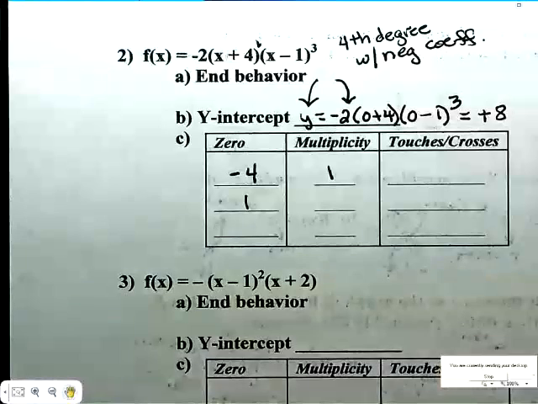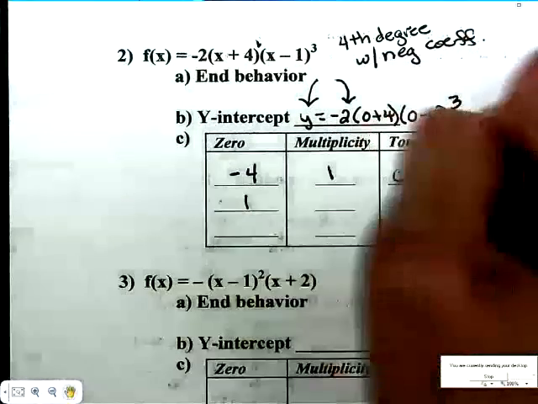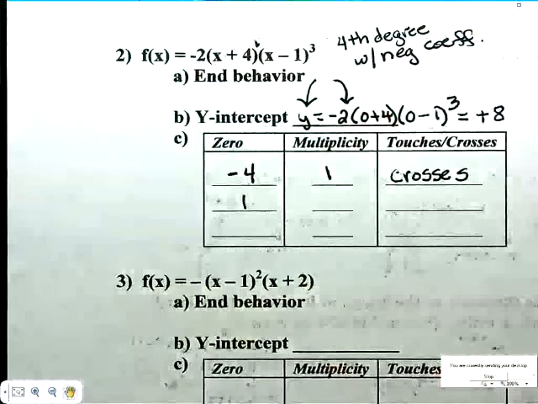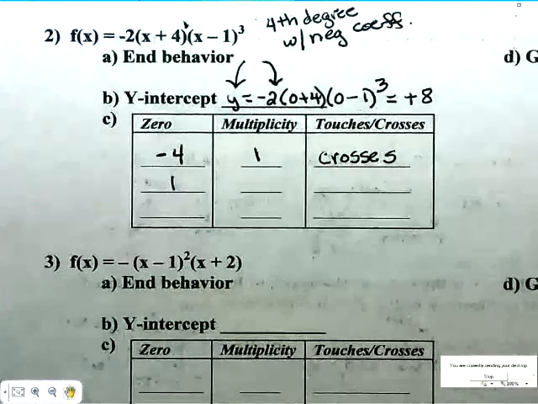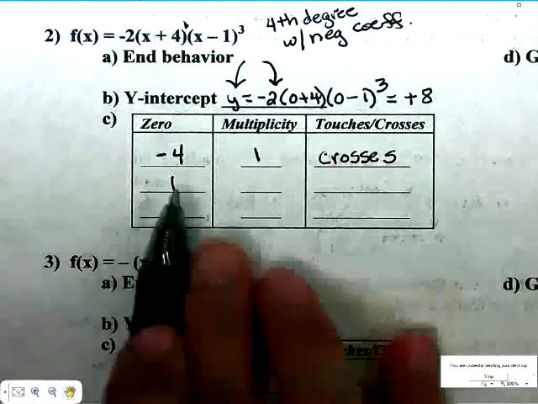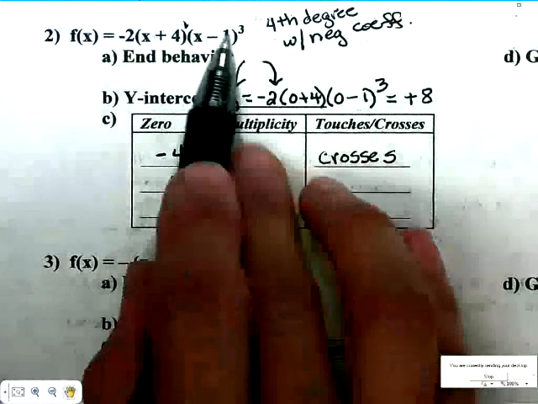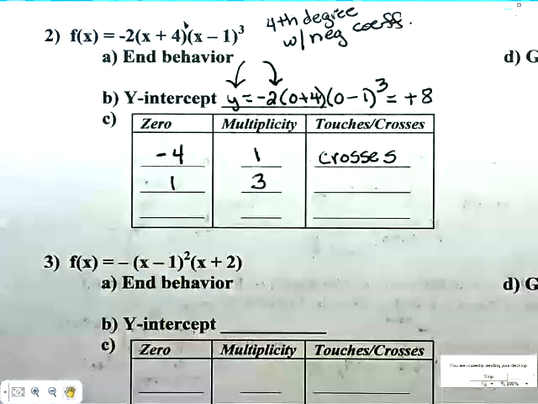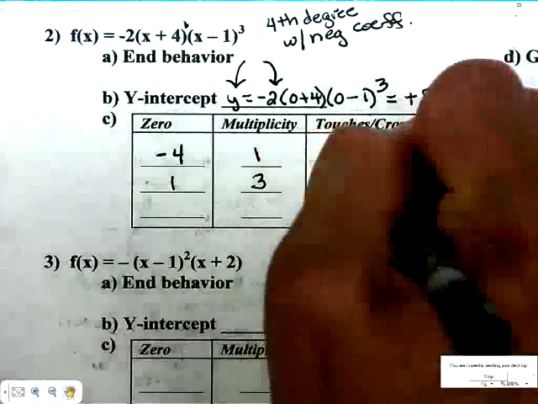Odd multiplicity means it crosses. Yes. What is the multiplicity of the zero, 1? 3, because it's the exponent of that factor, which means the graph does what? That's also odd multiplicity, so the graph crosses at 1.